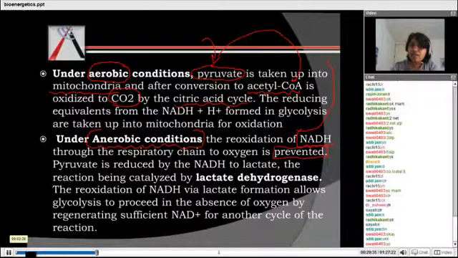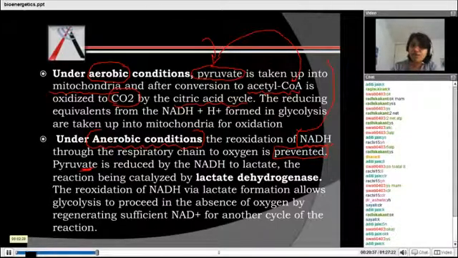Now the pyruvate that we had got at the end of glycolysis is converted to lactate. The enzyme used is lactate dehydrogenase. And this particular NADH is the one that is converted back to NAD plus during this step.